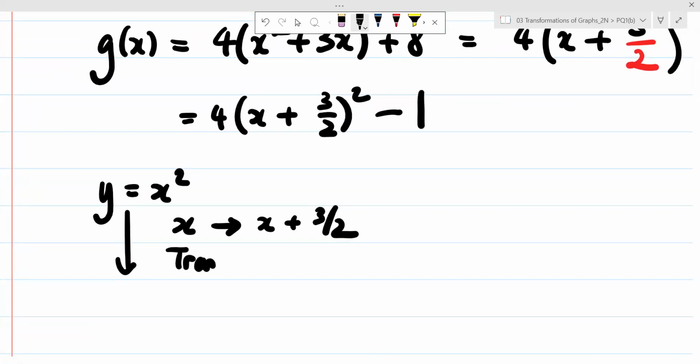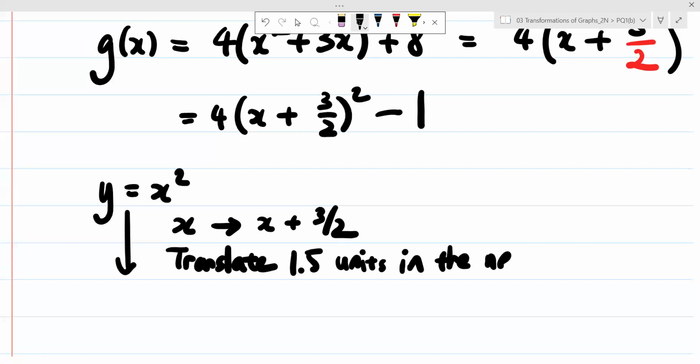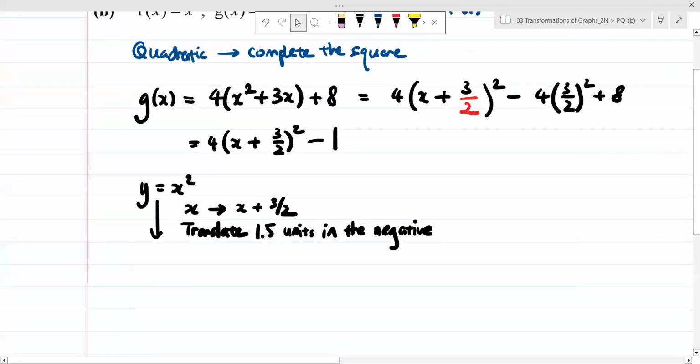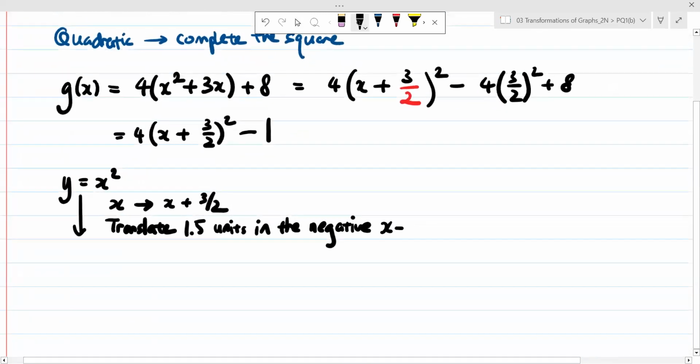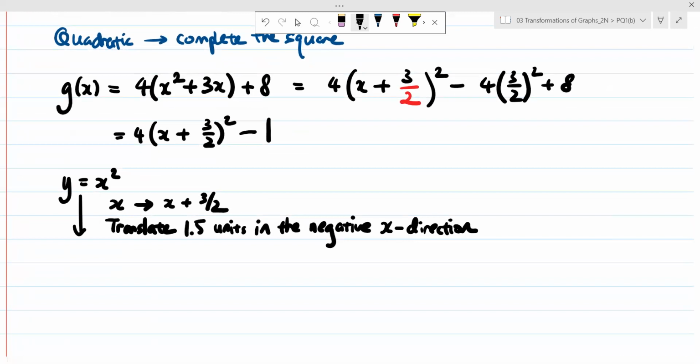Okay, so we are translating 1.5 units in the negative x direction. Please don't tell me you translate negative 1.5 units in the positive x direction.